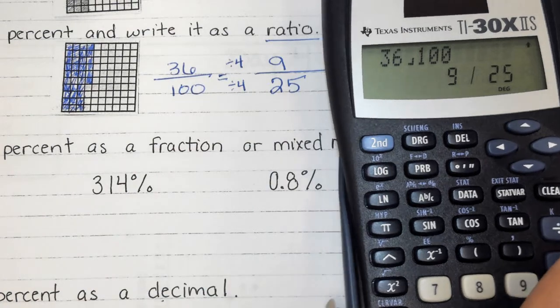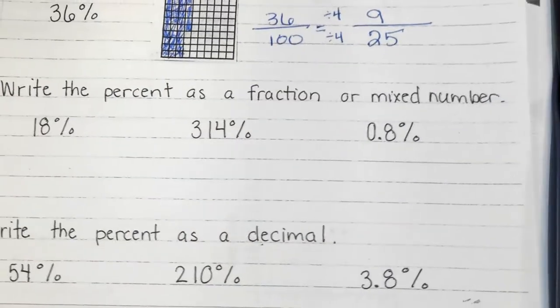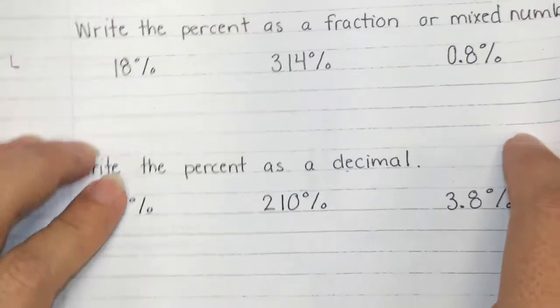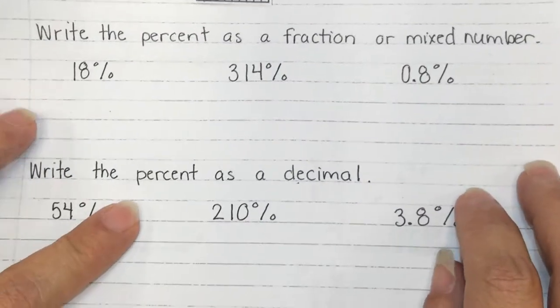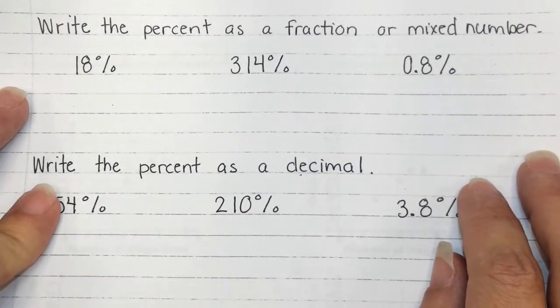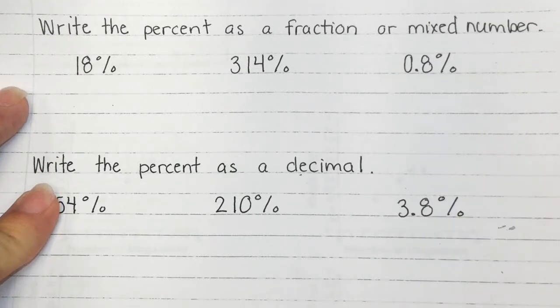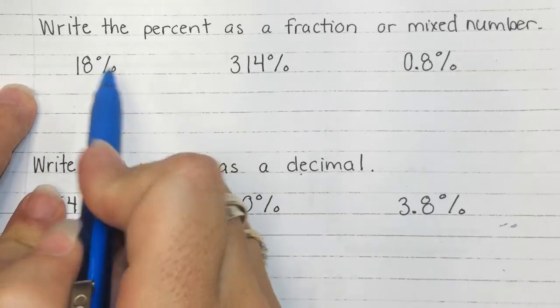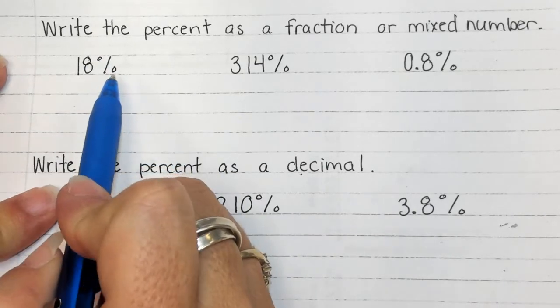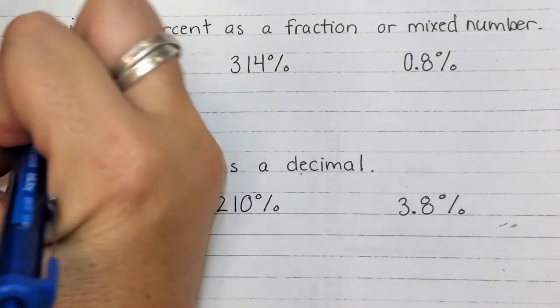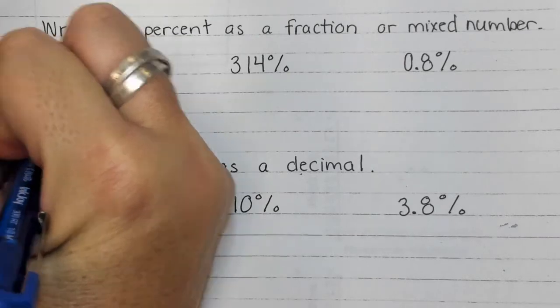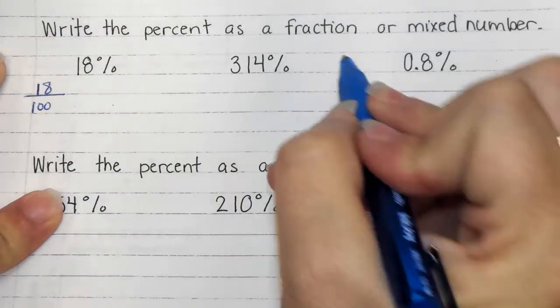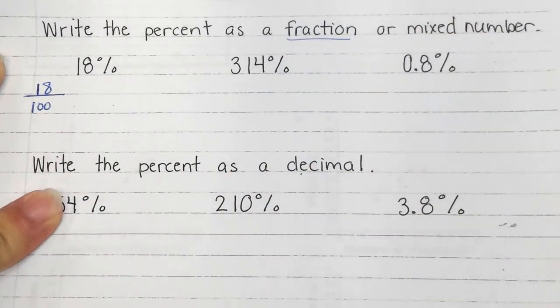Okay? The next part. This is where I want to show you some different things with the calculator. It says, write a percent as a fraction or mixed number. Now, personally, if I'm doing it using my head, I know that 18% means 18 out of 100. Now, I realize that is the fraction that they're looking for.